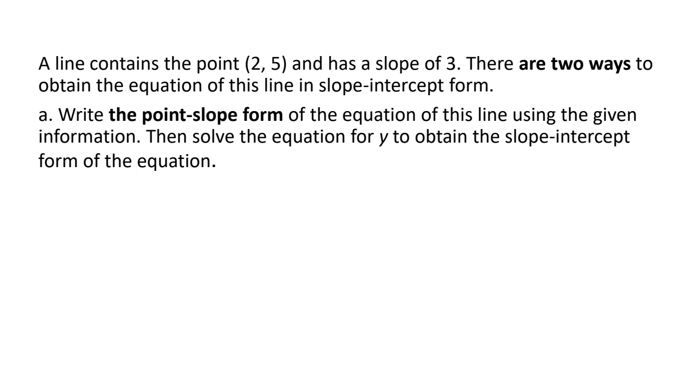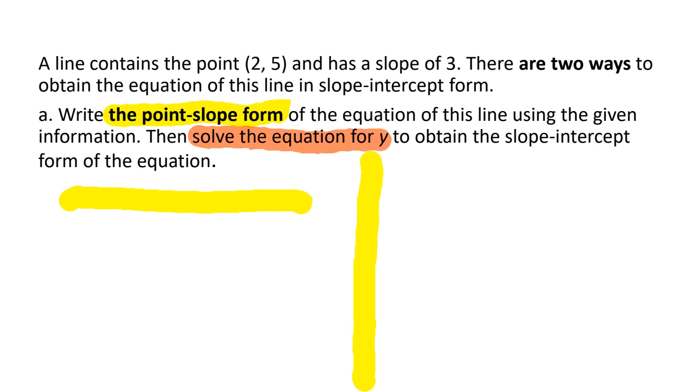Now, they are going to want me to do the point-slope form on this side. And then notice what they're going to do. They want me to solve the equation for y to obtain the slope-intercept form.